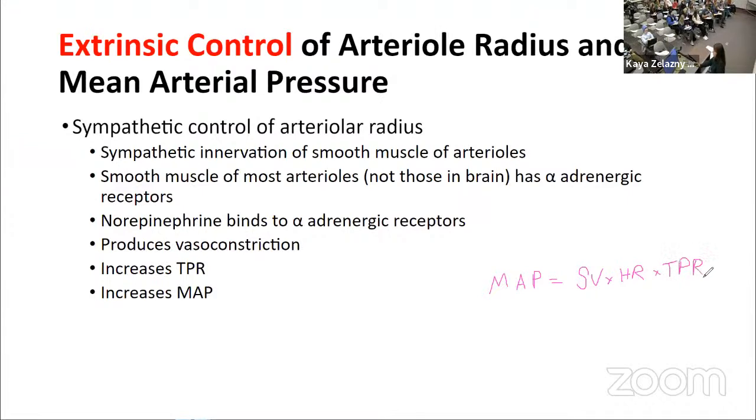All right, so if we've just increased resistance everywhere in our body, almost everywhere, we're increasing our mean arterial pressure. So this is the largest effect that we're going to see. So sympathetic control of arterial radius. We're thinking about those alpha adrenergic receptors.